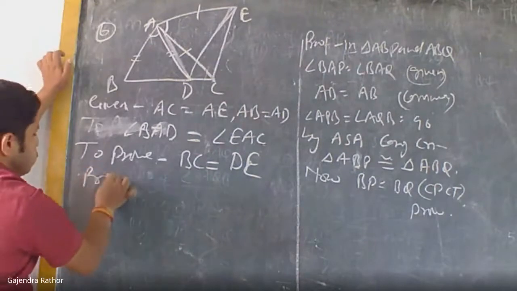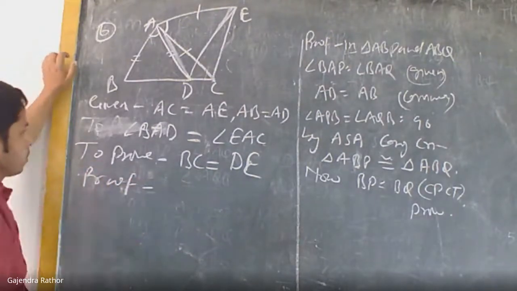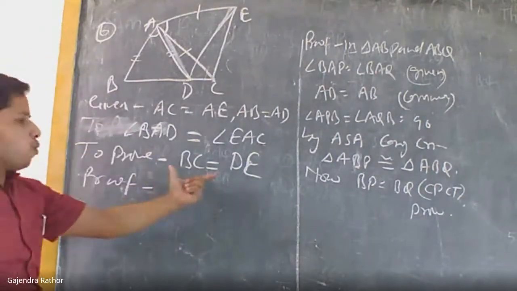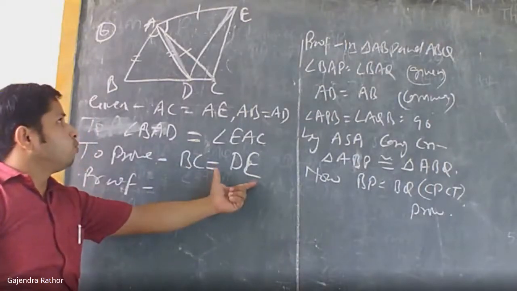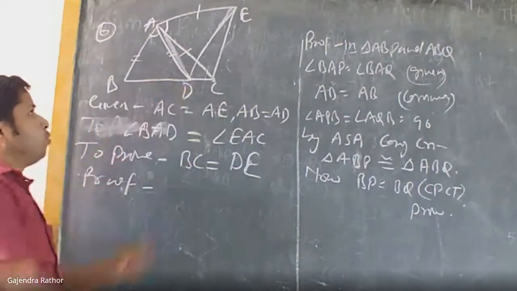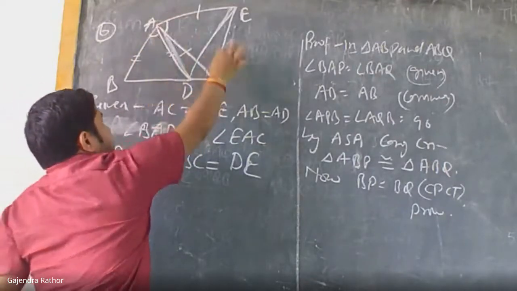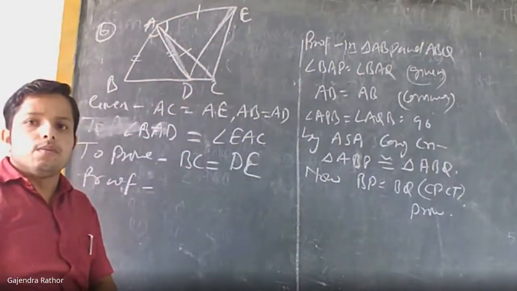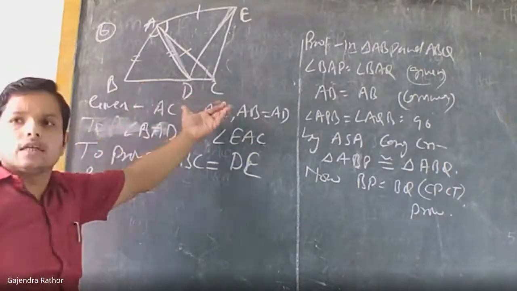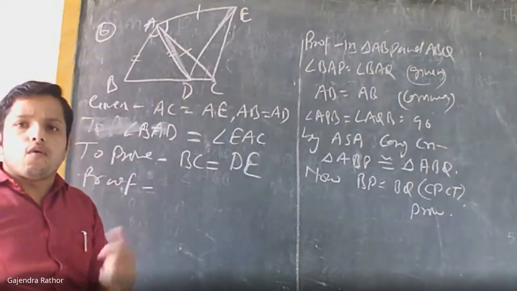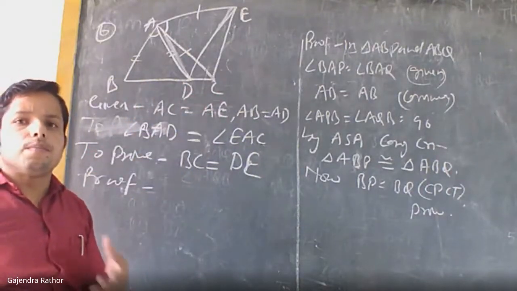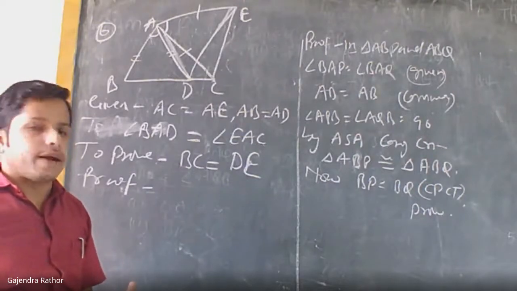So first the proof. Now to prove this line BC is equal to DE, we need to prove triangle ABC congruent to triangle ADE. So first we will try to show that these triangles are congruent. For this we need three equal parts.